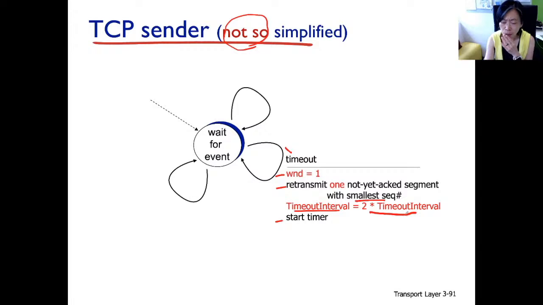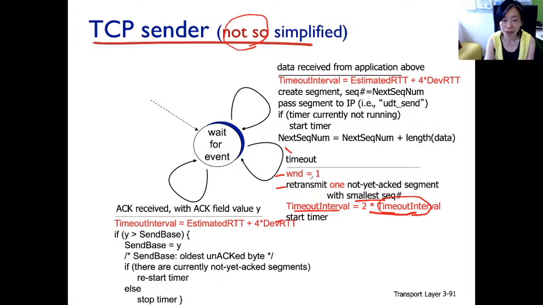Then you ask, what was the current timeout interval? Yeah, the current timeout interval is set here and here, in the transition where we get a call from above, and the transition where we receive an ACK packet from below.